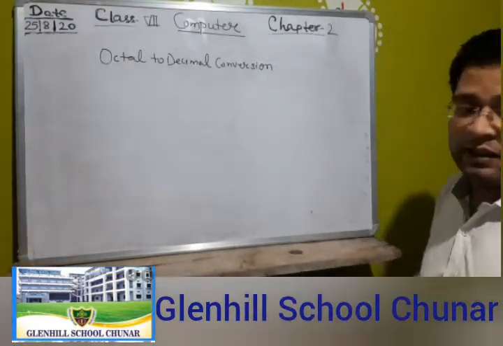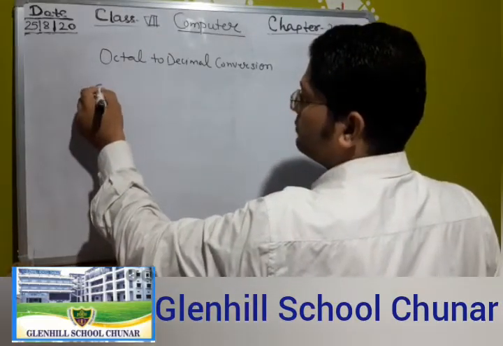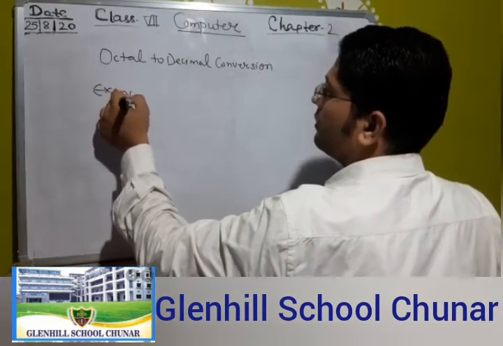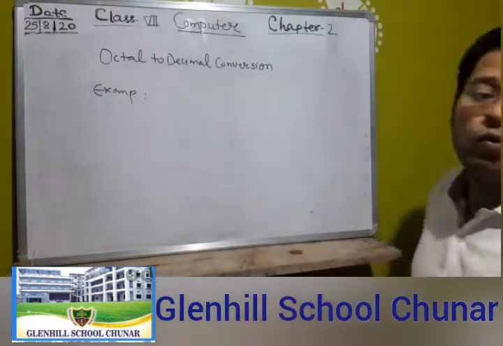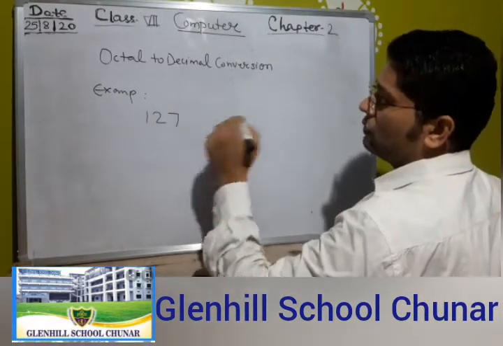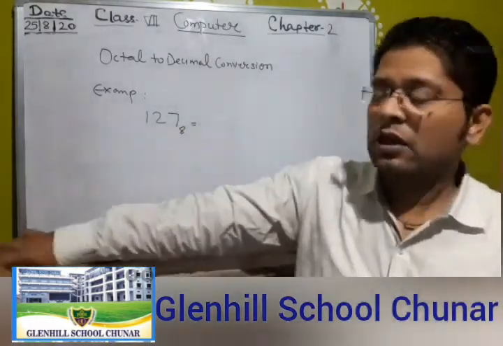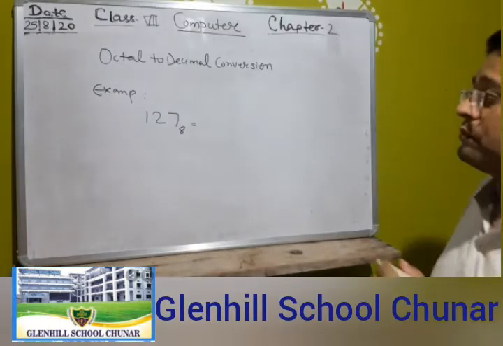Let's take another example, 127, an octal number. Converting into a decimal number, how?